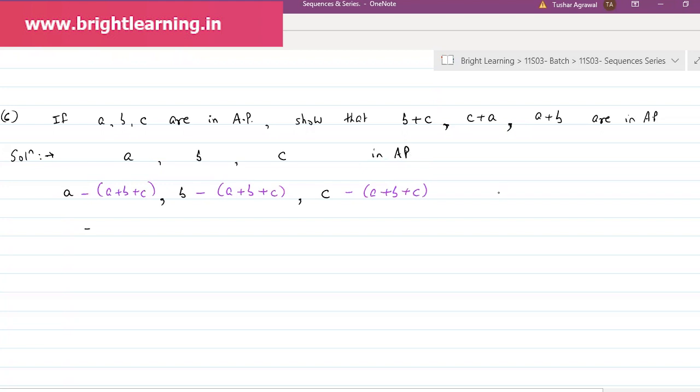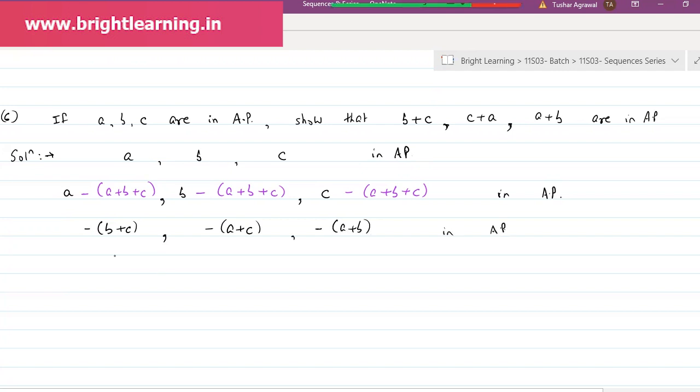Therefore, on subtracting the same constant from all the terms, the new sequence is also an AP. So now the first term becomes minus of B plus C, the second term becomes minus of A plus C, the third becomes minus of A plus B. These three terms are in AP.